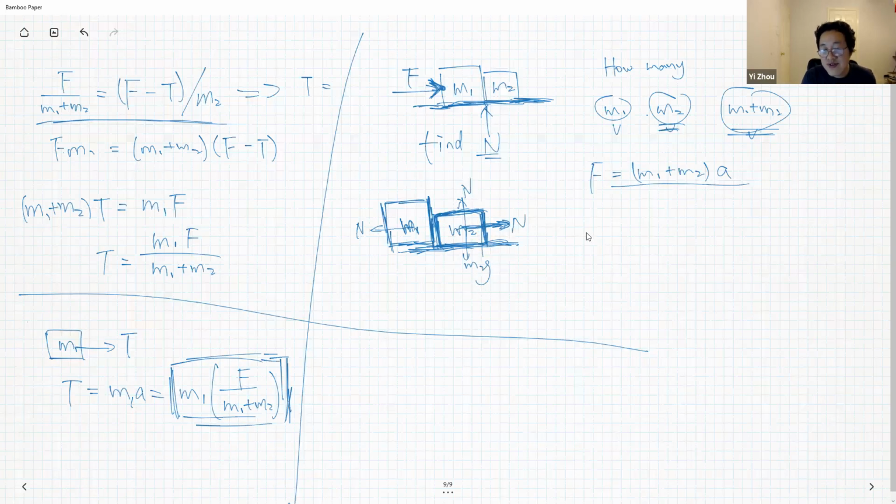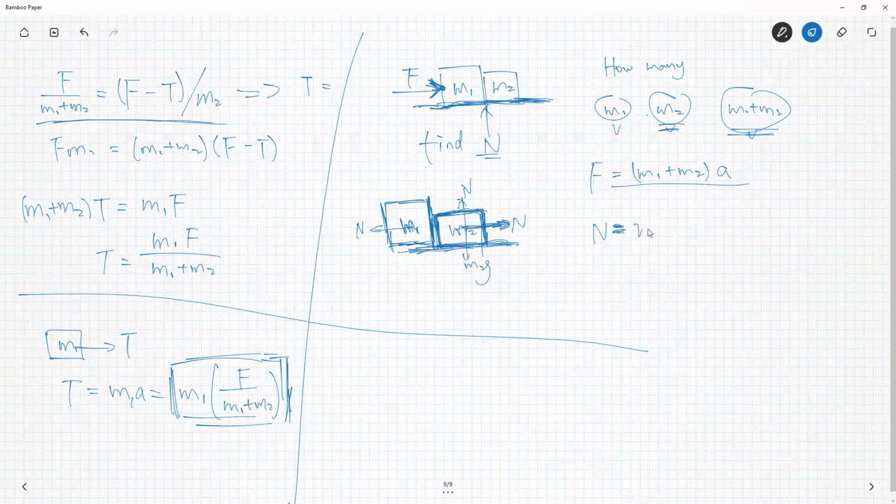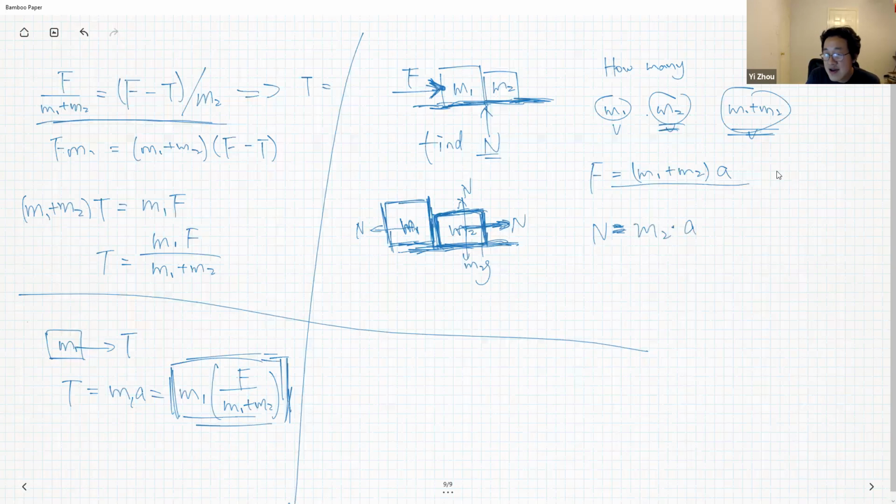So the total force, this normal force, is equal to, what object are we studying? M2, times what? Acceleration. Right. Now you have two equations.